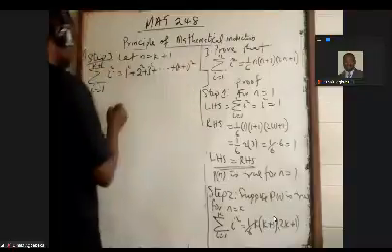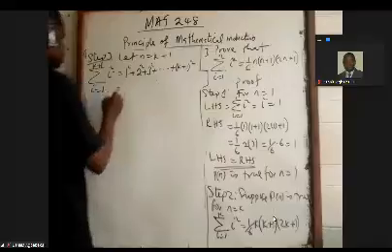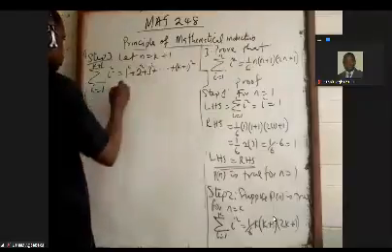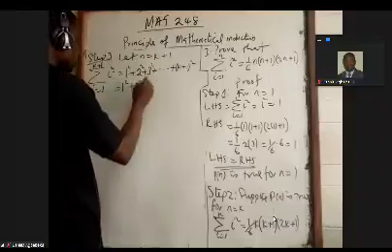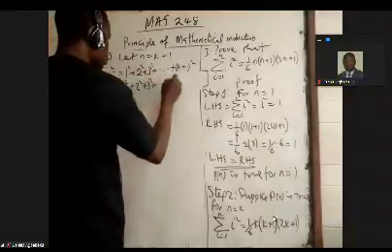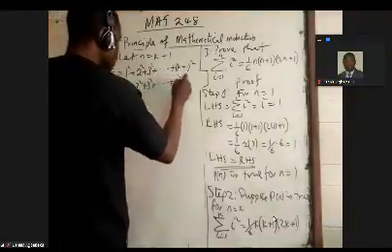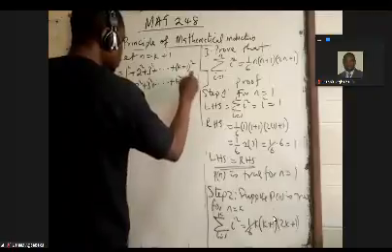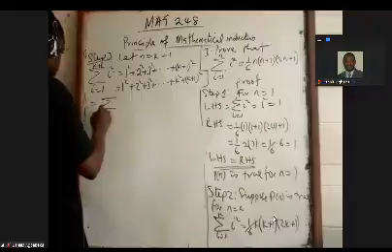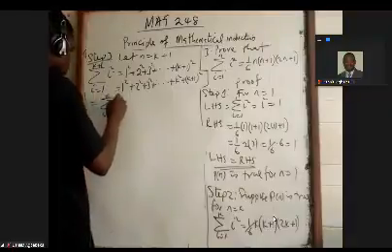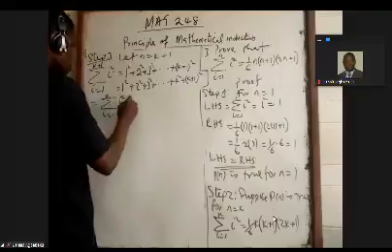Now what is left for us is to simplify what we have here. Obviously, from here we have 1 over 6. (k+1) is common to these terms. So if we bring out (k+1), we're going to have (k+1) in bracket, 1 over 6 k (2k+1), then plus (k+1).